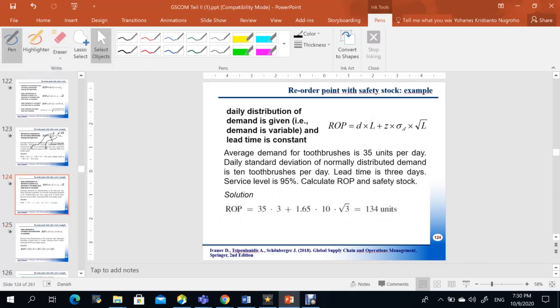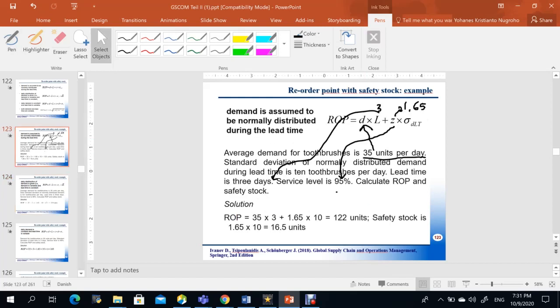And then we have D equal to 35, the lead time is 3, service level 95%, Z equal to 1.65, and we have also the standard deviation of demand at 10 toothbrushes per day.